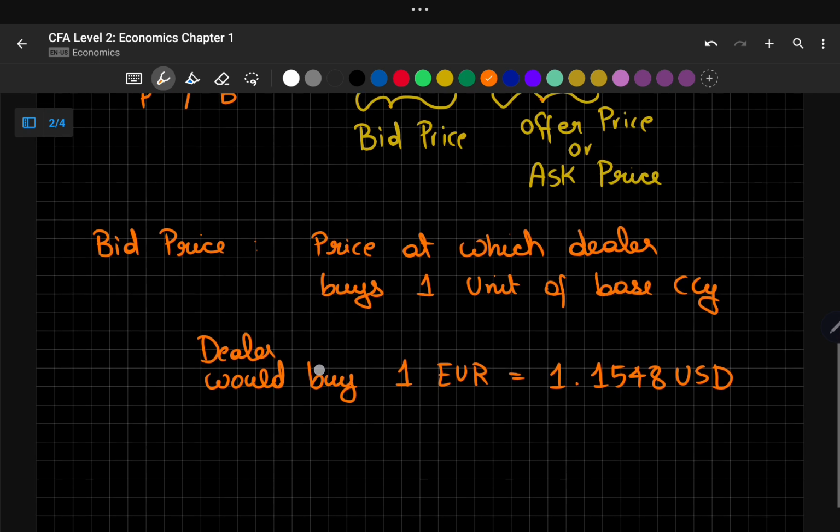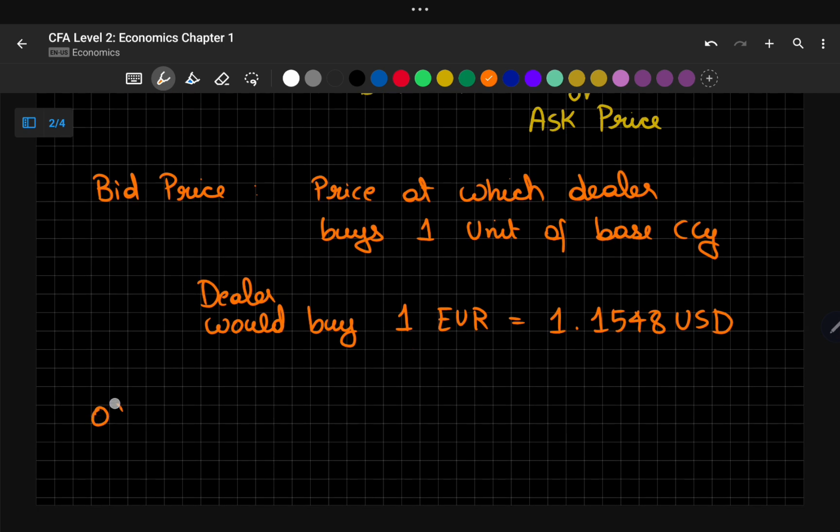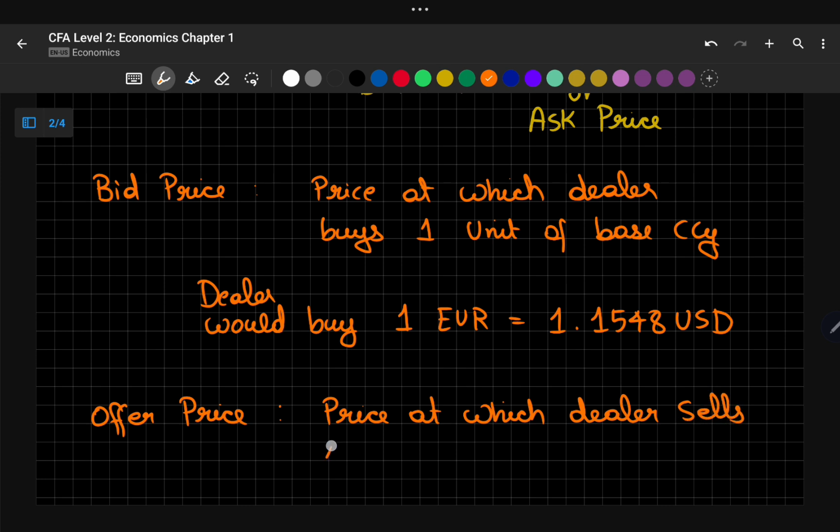Now, what is offer price? Now let us understand what is offer price. So offer price is the price at which the dealer sells one unit of base currency.